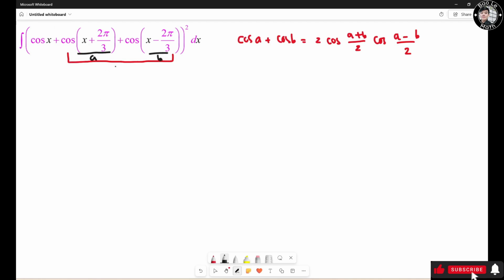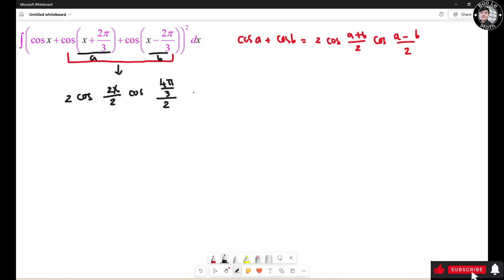So I put this on the side first. It turns out to be 2 cos of (a + b)/2, which is 2s divided by 2, times cos of (a − b)/2, which is 4π/3 divided by 2.